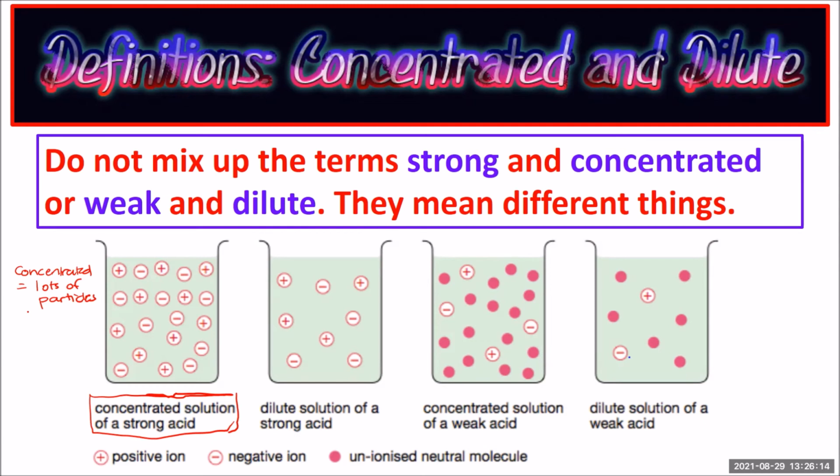There are no unionized acid molecules. Okay, compare that to a dilute solution of a strong acid here. You can see it's still all ions because it's still strong. So strong, all ions, but dilute simply means less particles.